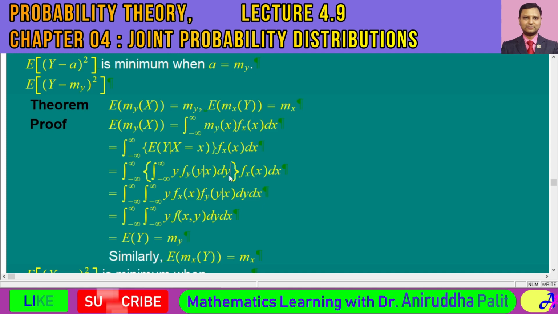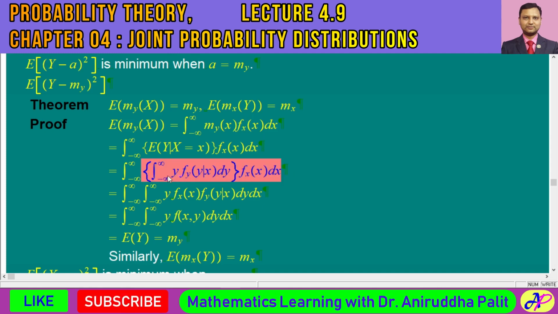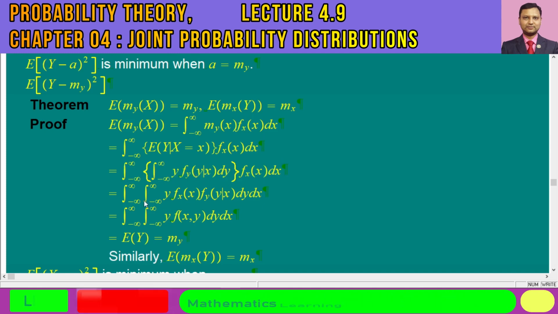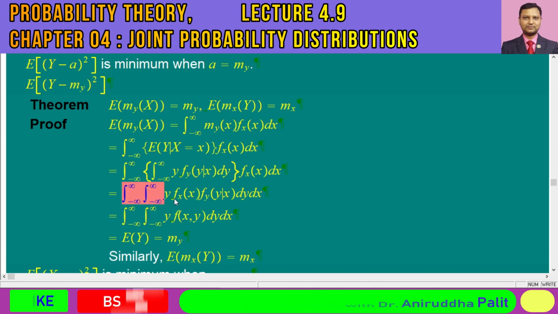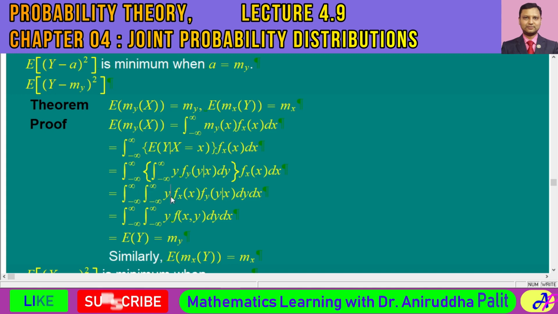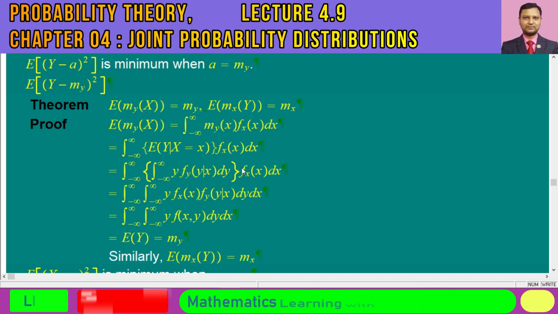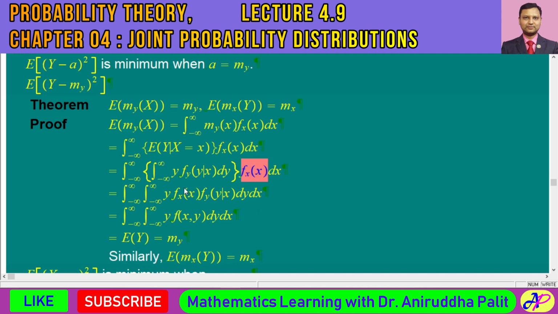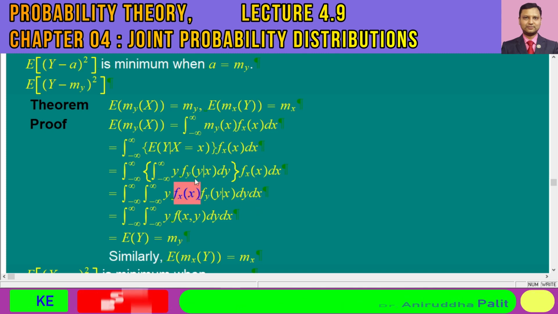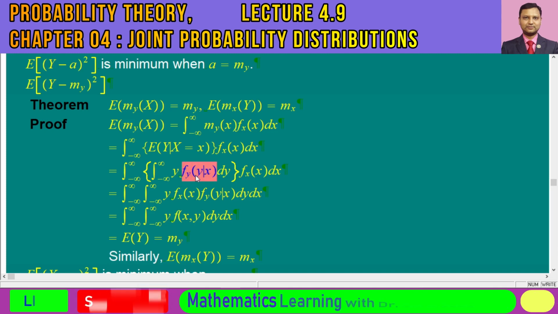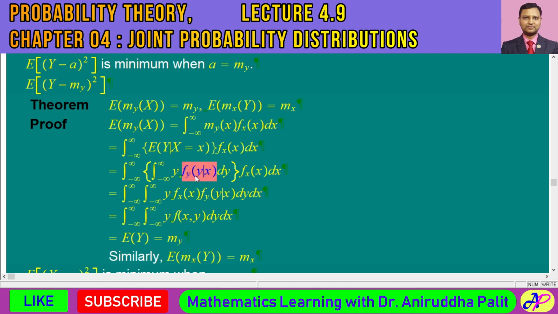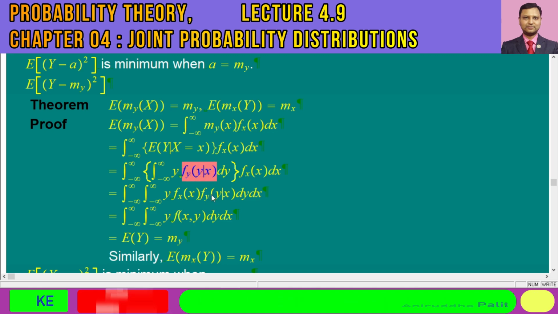All right. So over here, if you rearrange these terms, we can write it as the double integral from minus infinity to infinity, and y is there. Now these two expressions: this is the marginal density function of x, multiplied by this conditional density function of y, fy of y given x.